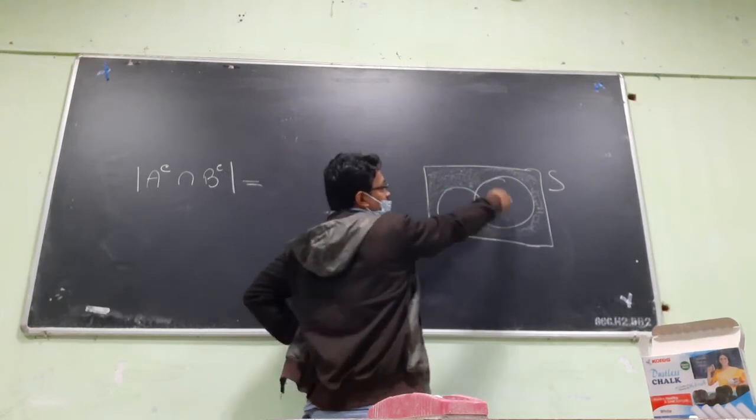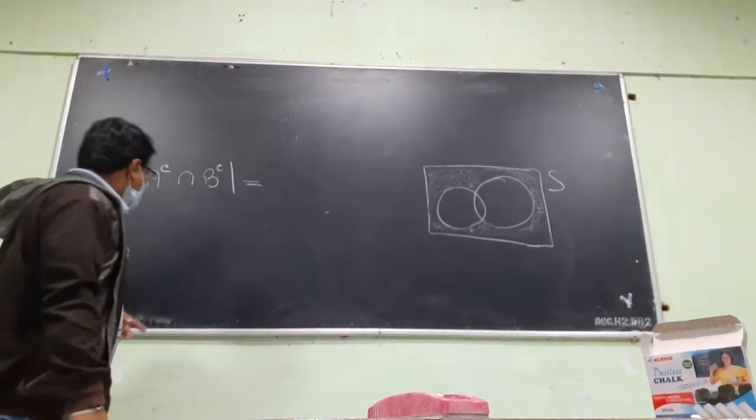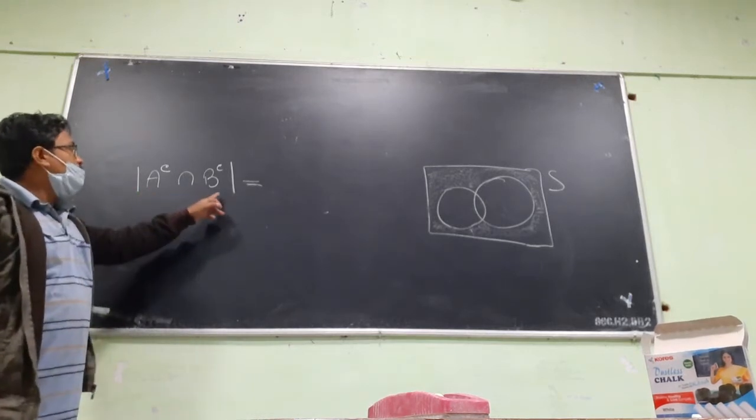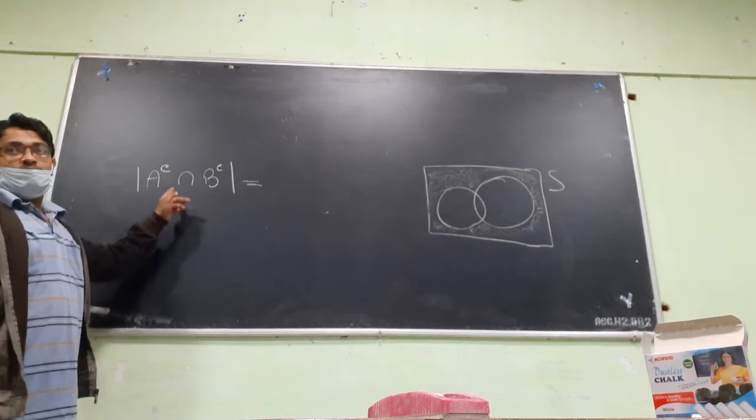A complement intersection B complement contains those elements which are neither in A nor in B.